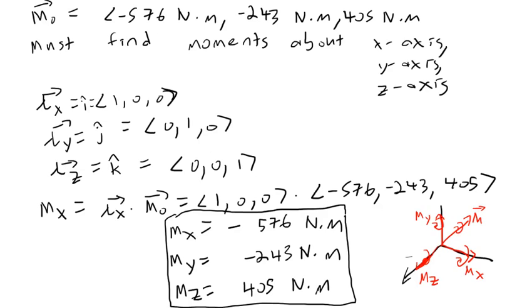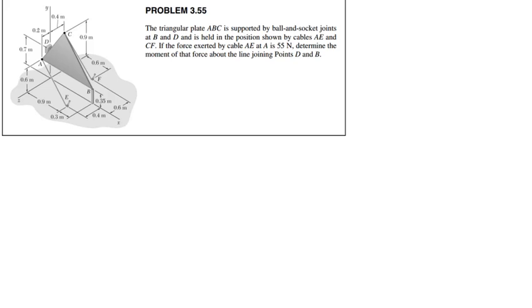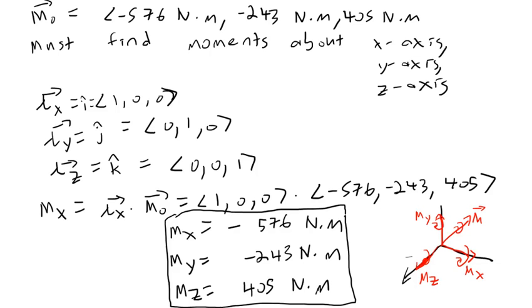Okay. Any other questions about anything from today, anything going on tomorrow, et cetera? All right. With that, I think we'll cut it a little short today. I did have another example that I could work through, but I think it's very similar to what we just did. If you need any assistance, I'll be doing office hours from about 2:30 to 3:30 today. It's a little bit different than normal. Tomorrow we'll have a lecture on couples. Basically, we're finishing up chapter 3 in the Beer vector mechanics book.